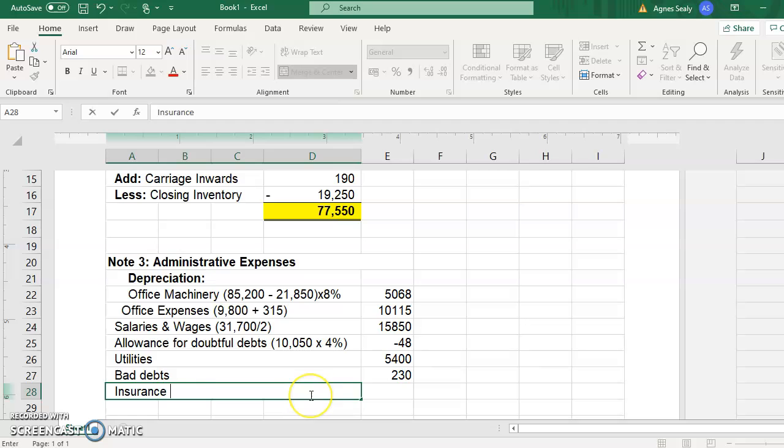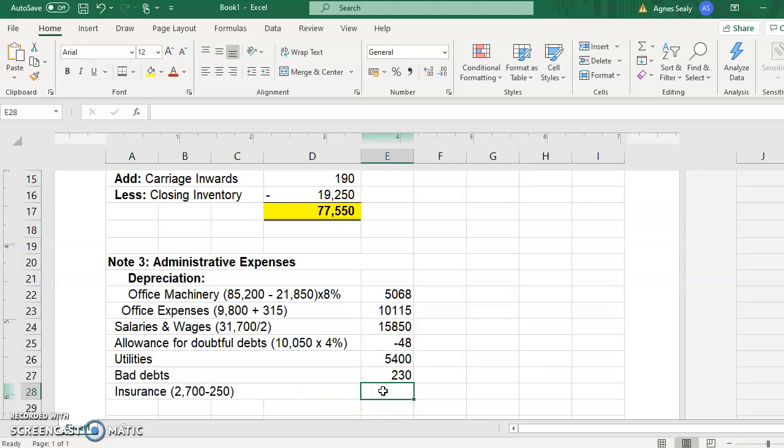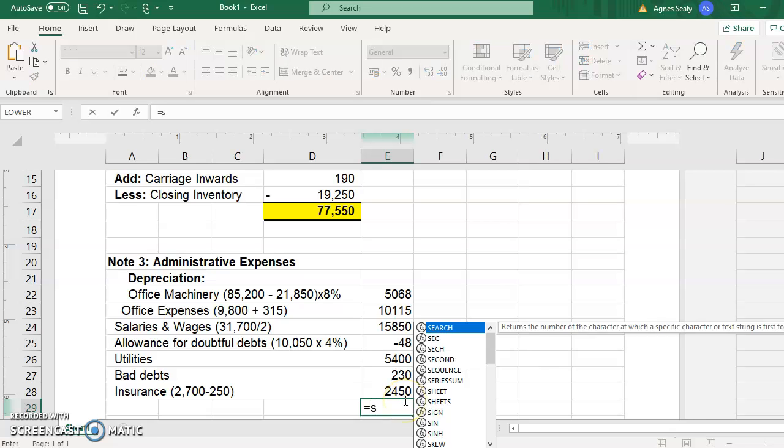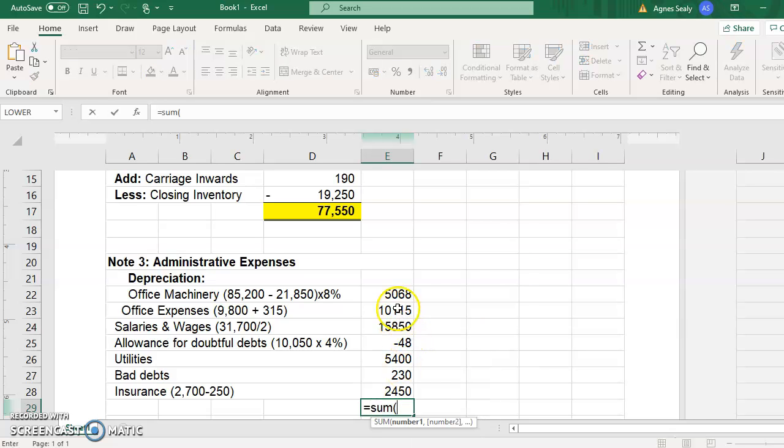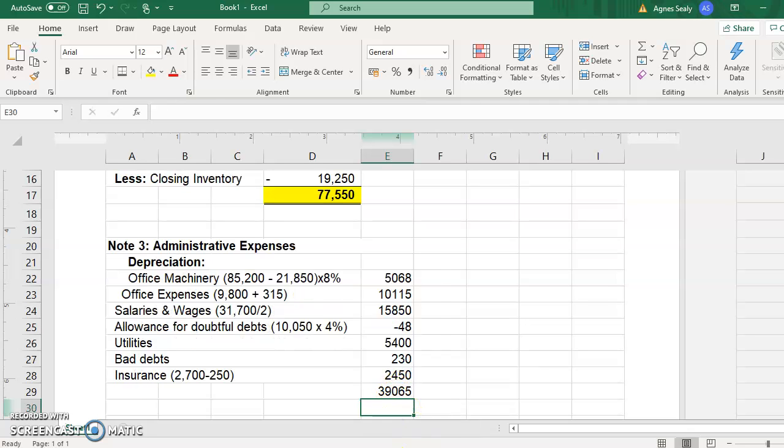That will be $2,700 minus our $250, $2,450. So our total admin expenses are $39,065.